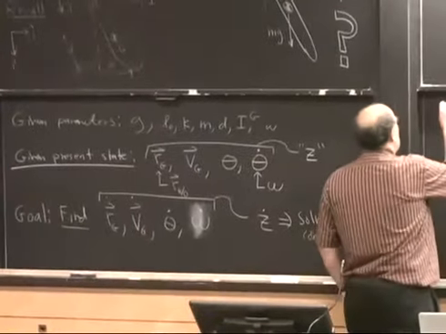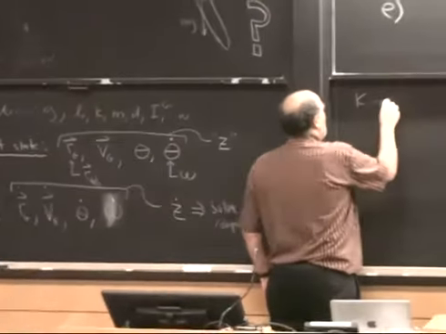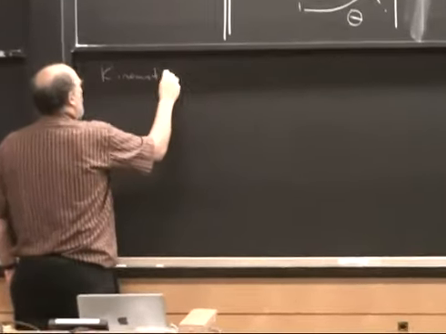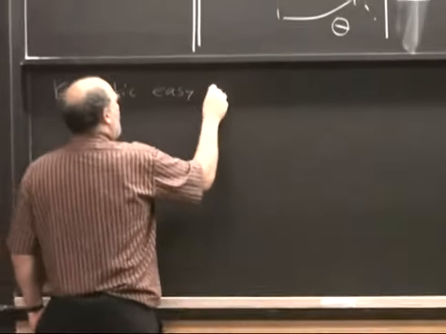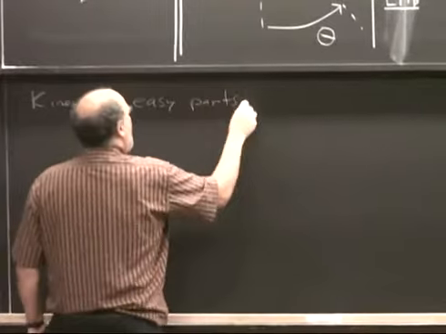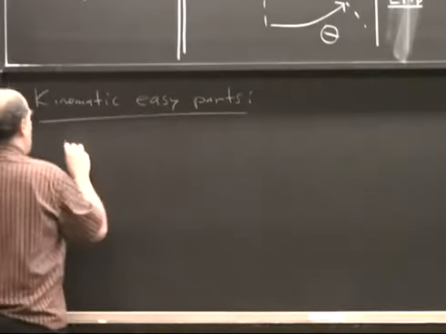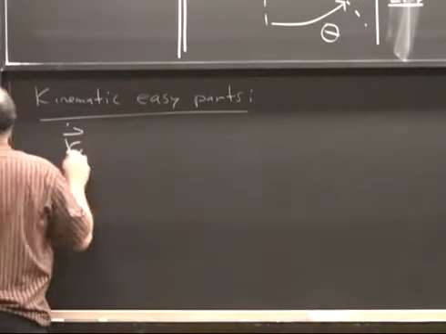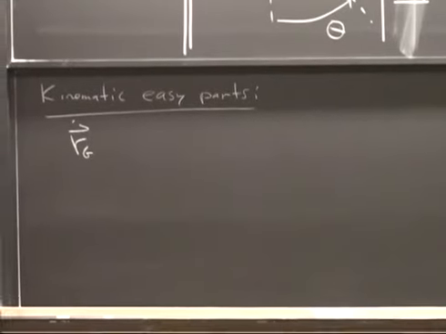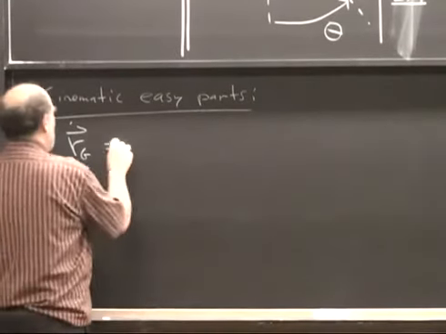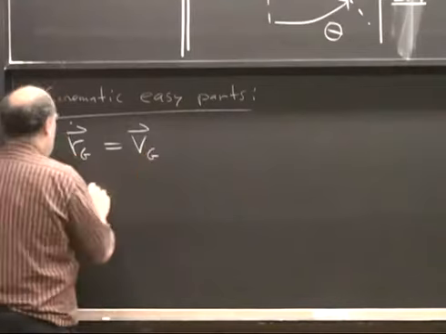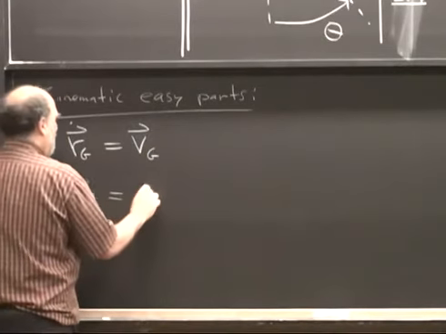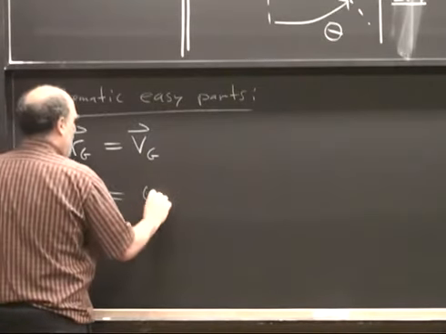Okay, so first we have the kinematic easy parts. And those are that r dot of G is equal to v_G, and that theta dot is equal to omega.